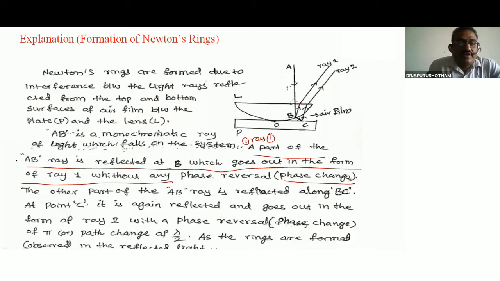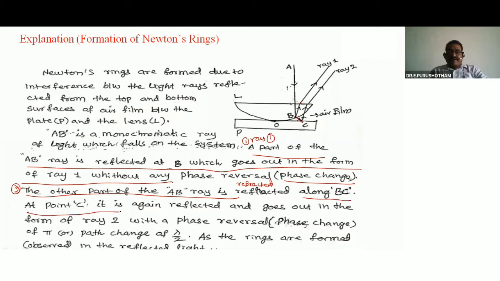Second, you observe here, the other part of the AB ray is refracted along BC.